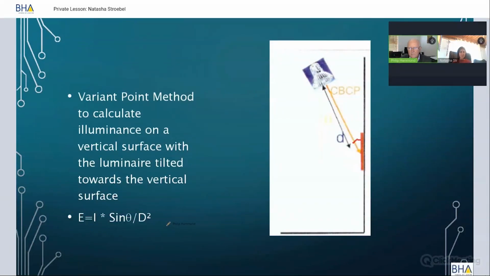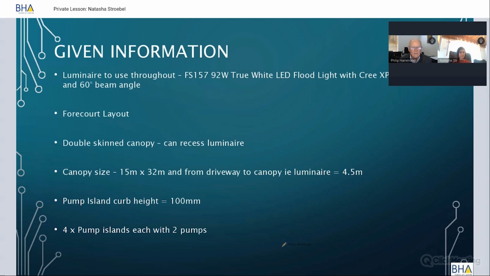You obviously know what your distance is, or you can calculate distance because you know Pythagoras' theorem. So if you know one distance, whether it's the hypotenuse, the opposite, or the adjacent, you just need one and the angles, and you can calculate the others. All right. So let's move on.